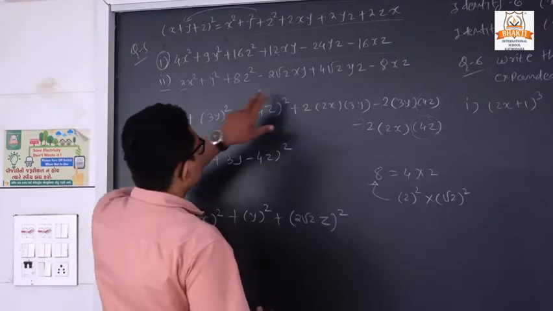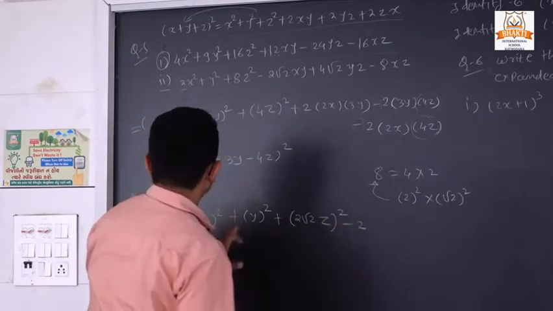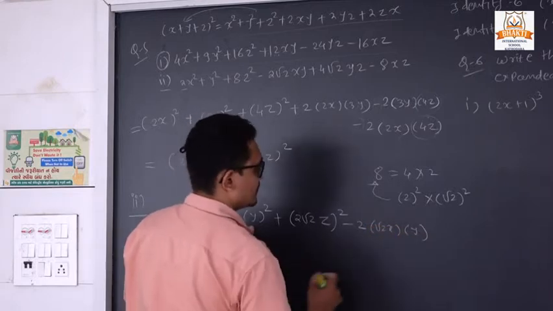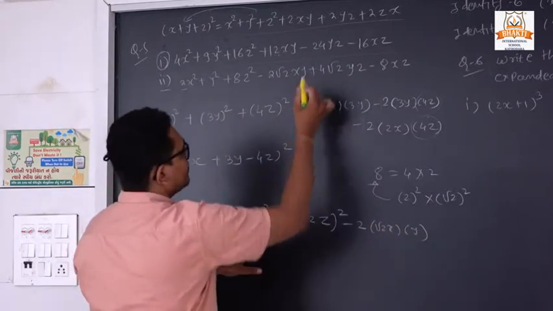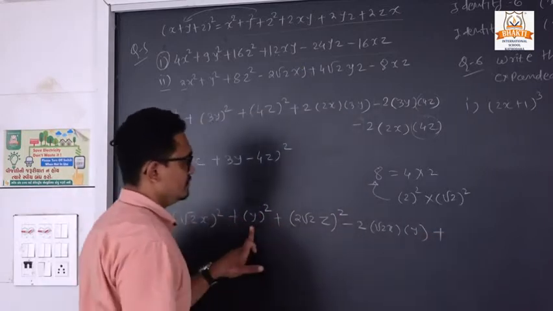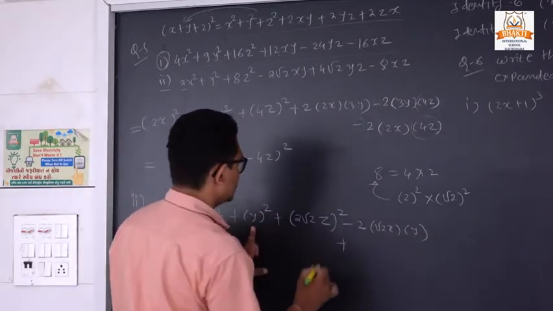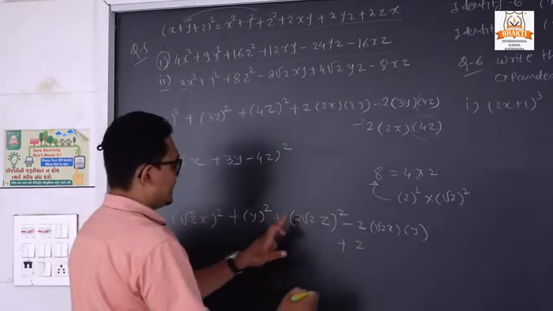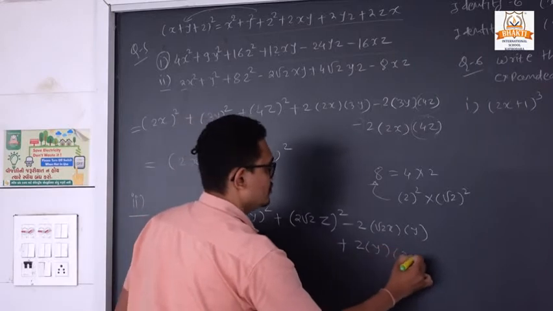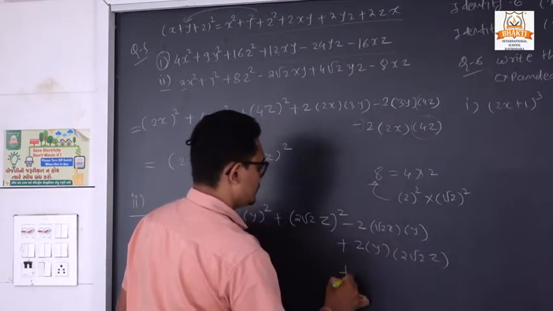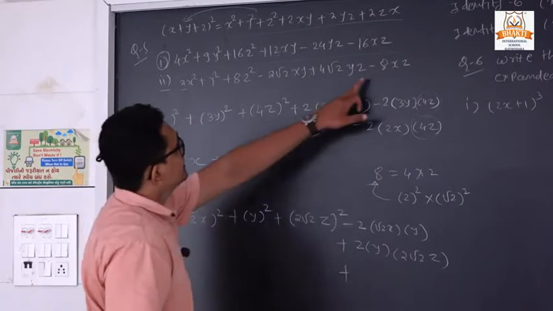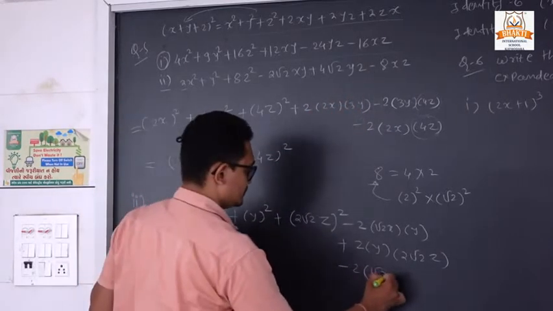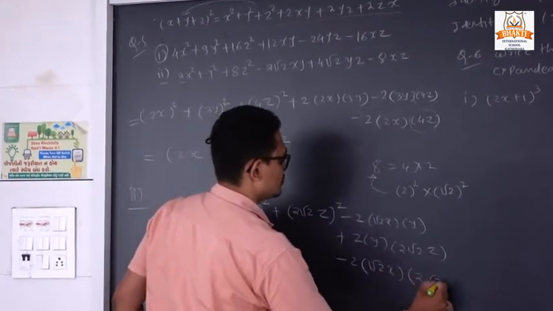Then next, 2 into first term into second term, then with which sign? Plus sign. So plus 2 into second into third, plus once again, and for the last term we have a minus sign, so minus 2 into first into last term, 2 root 2 z.